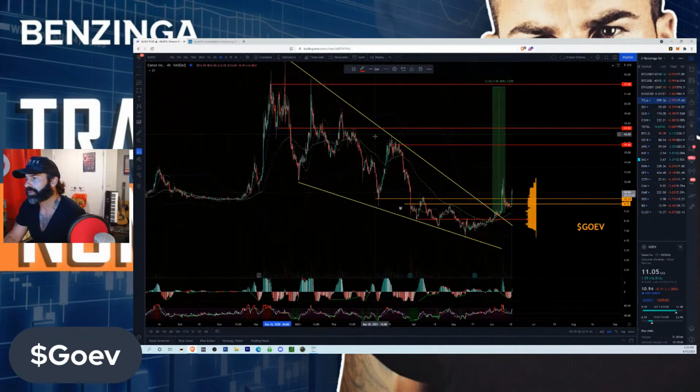And if you look at the price action correlation between those zones, once we get above this resistance, which we are, historically, what do we do? We go straight up to 1580.